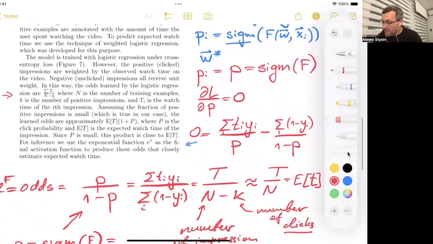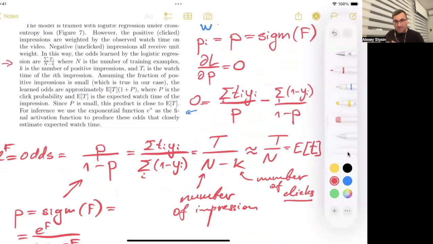And given that the expected number of clicks is actually small, they see that this approximately gives them a way to model the expected time as an exponent of the learned raw output of the neural network.